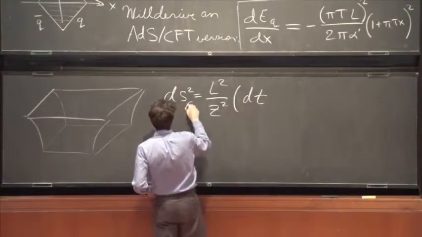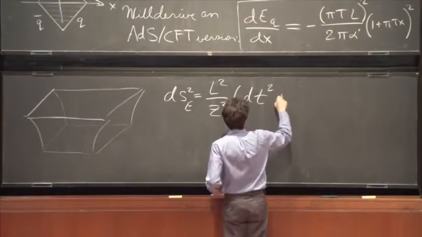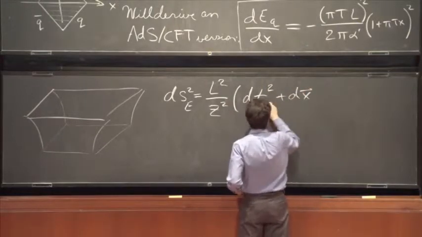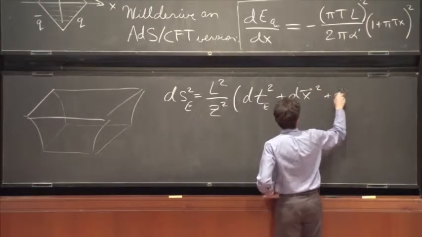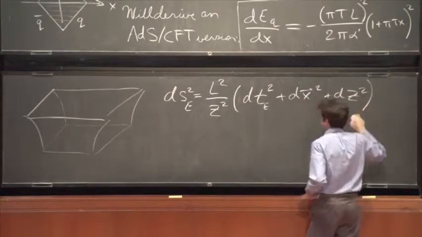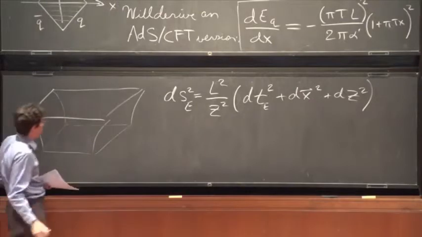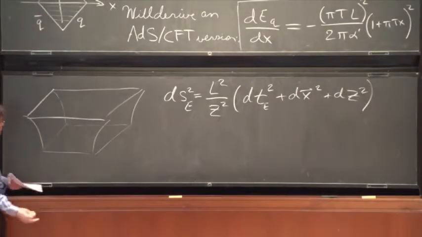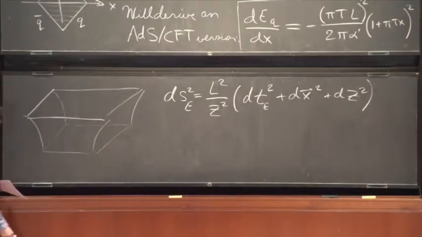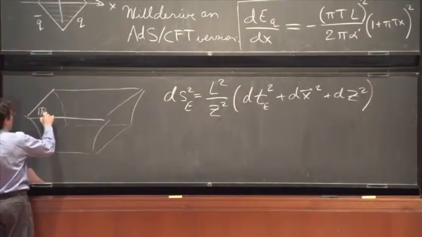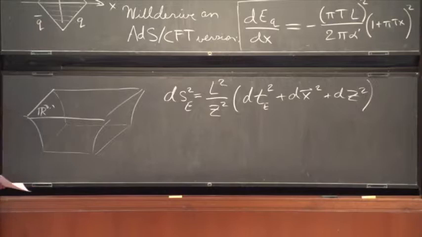How about I write the Euclidean geometry for starters? And this is some solution of type IIB supergravity along with an S5 factor, which I'm going to largely ignore in these lectures. And the boundary of AdS5 is Minkowski space.